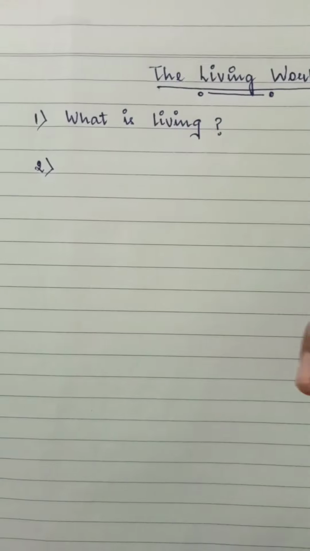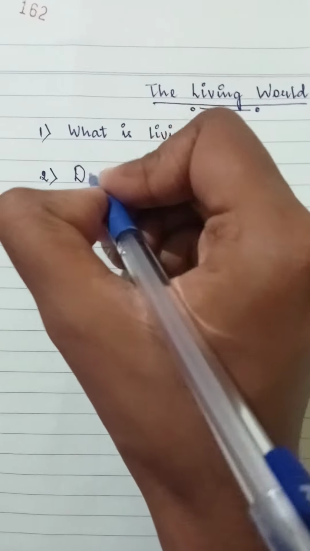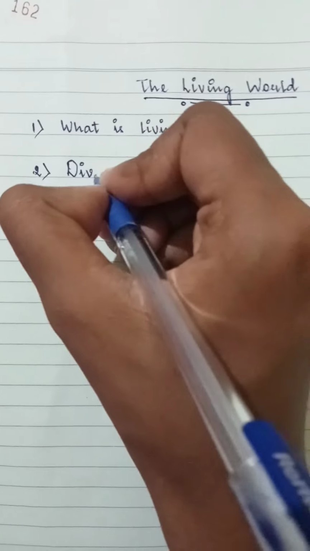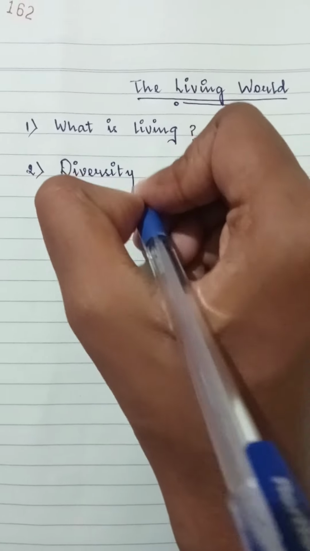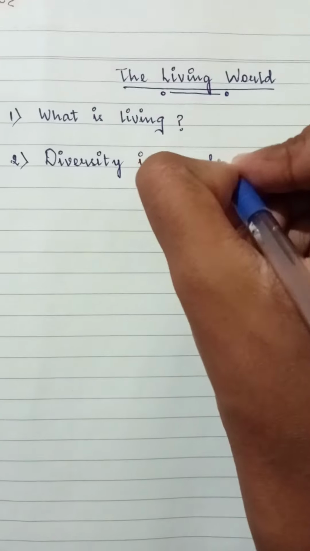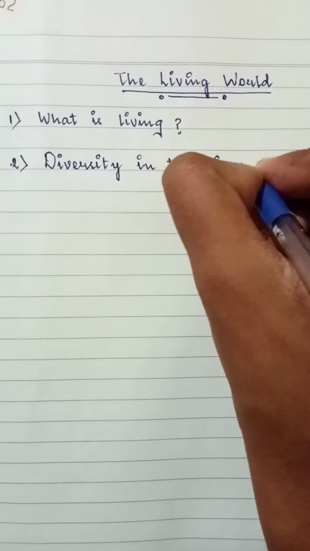And secondly, if something is living, it would be related to nature in some way or the other. So, as the second topic, we would be studying diversity in the living world.